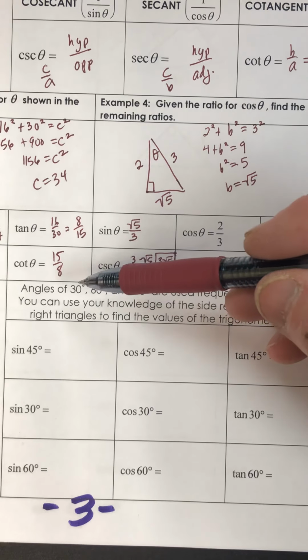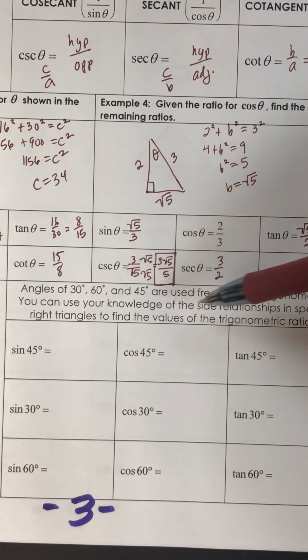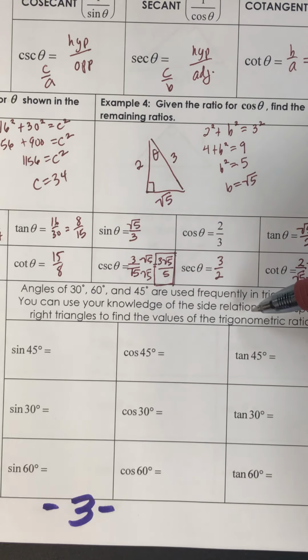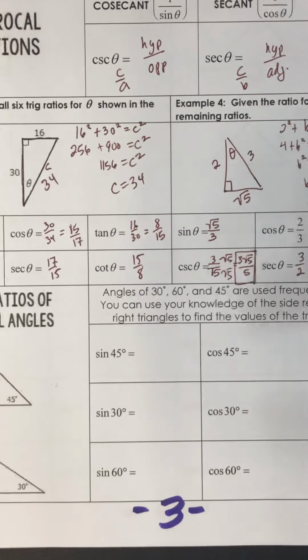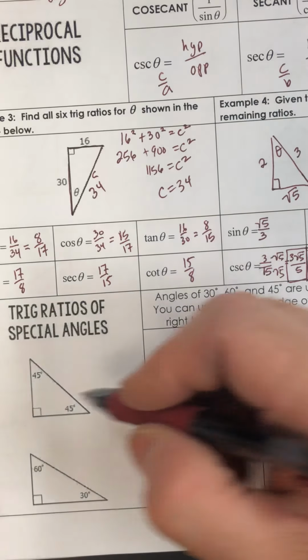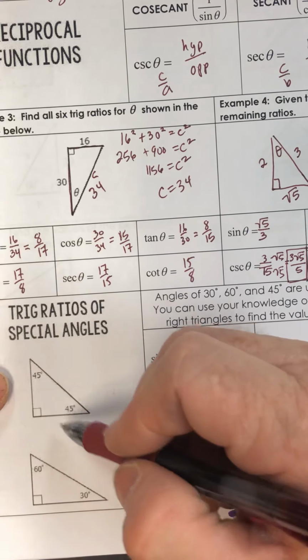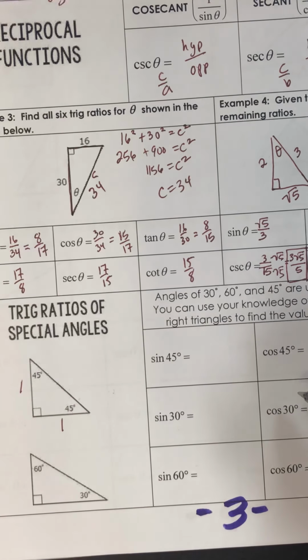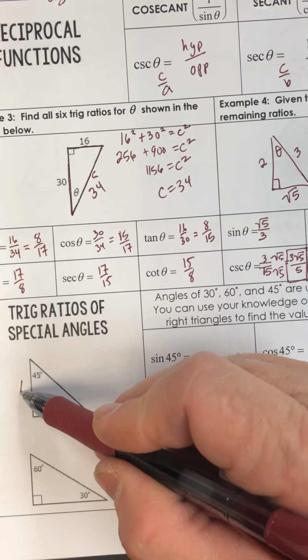Angles 30, 60, and 45 are used frequently in trigonometry. You can use your knowledge of the side relationships that we just talked about in special right triangles to find the values of the trig ratios. For example, let's say each side was 1 in a 45, 45, 90, where those two are the same.